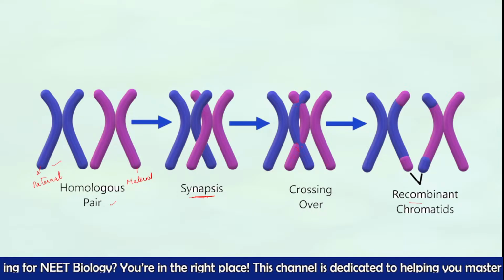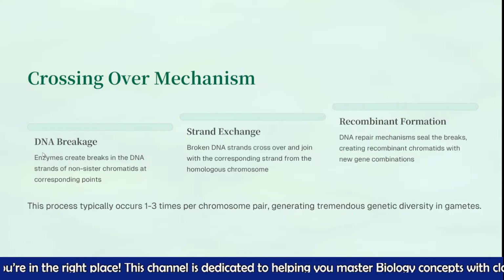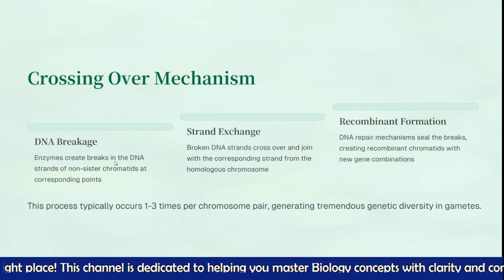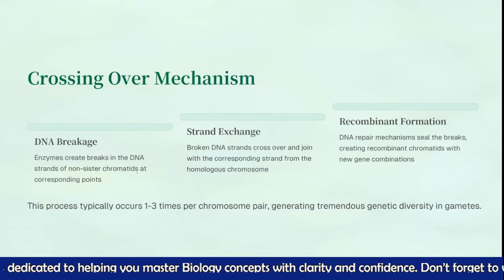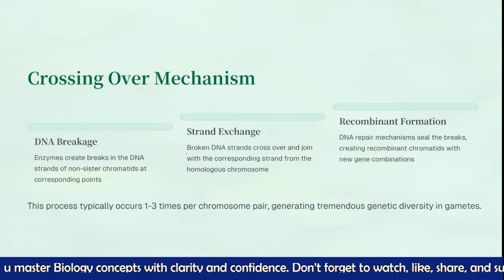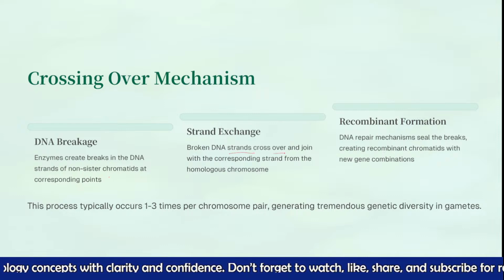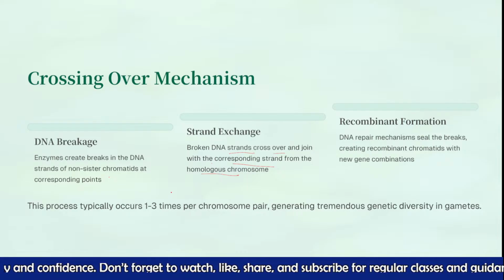So once again, first of all, during crossing over, DNA breakage occurs due to some enzymes. The enzymes only cause the breakage of the DNA strand. After that, the broken DNA strand crosses over and joins with the corresponding strand from the homologous chromosome.